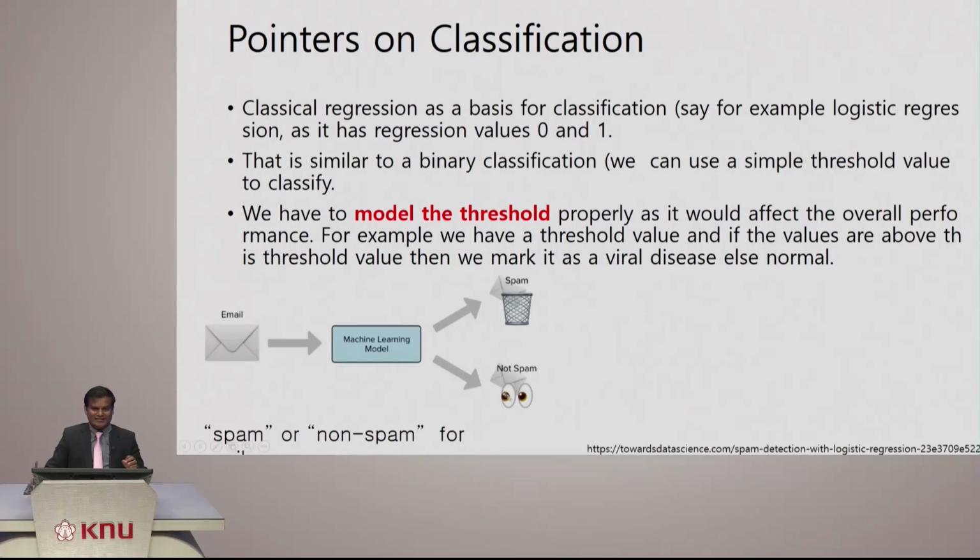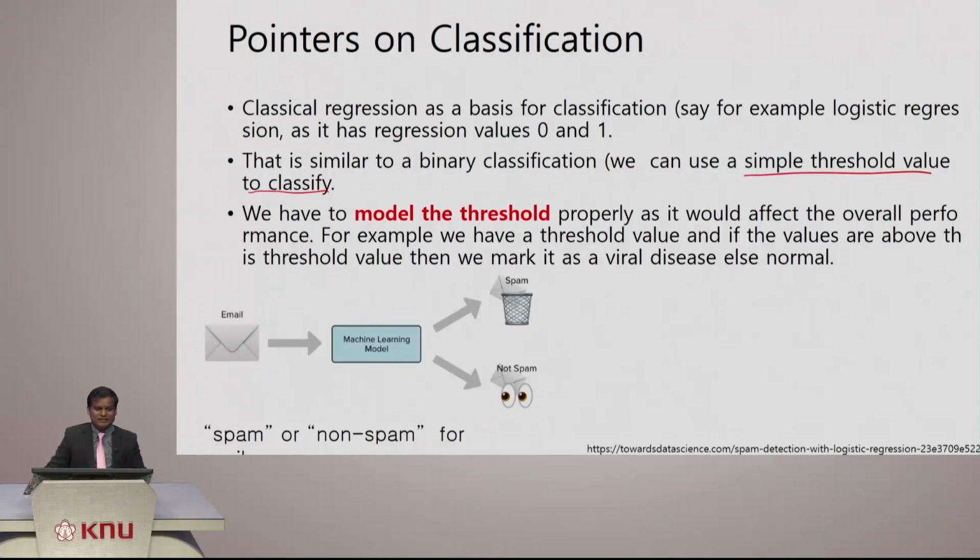So it's a simple classifier, a binary classification, with just two options, which means that you have to set a simple threshold value to classify into spam or not spam. That's the basic idea behind this particular classifier.